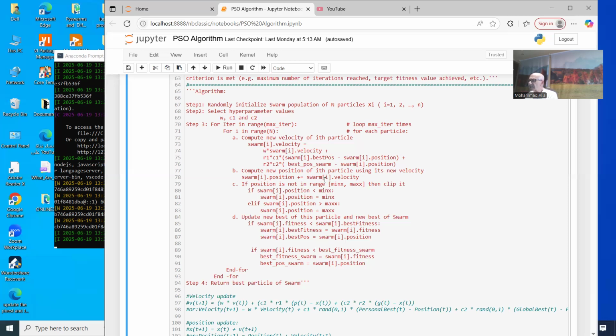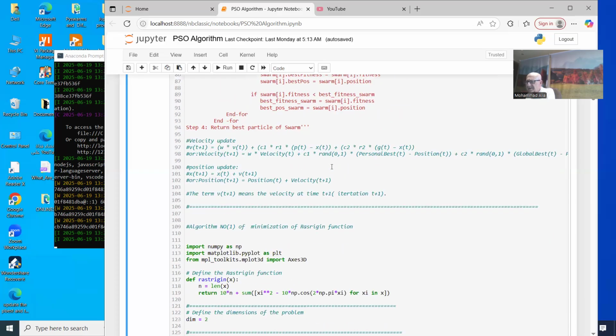Usually, the velocity of the I particle of the swarm, which is already found here, is added to the swarm of I position. So we add to the previous position the swarm of I velocity, which is already computed. Maybe it is not clear for some of you. I can explain it here downwards.